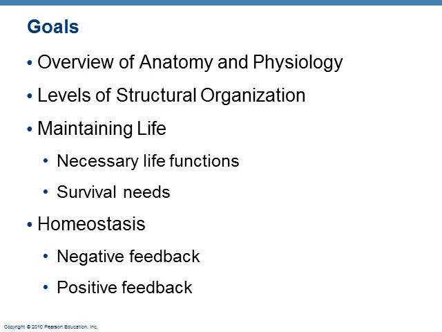We're going to take a look at what we need in order to be considered alive, what characteristics define life, as well as what we as humans, as well as other organisms, need in order to survive. Then we're going to look at a very important concept in an anatomy and physiology course called homeostasis. We're going to define homeostasis and look at how we control it through different feedback mechanisms.